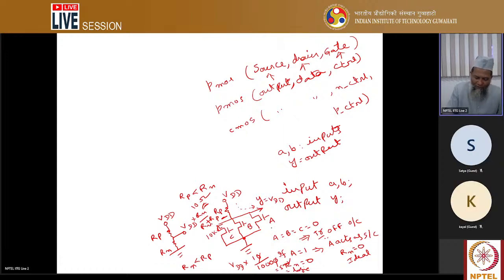If any one of the inputs is short circuited, A equals 1, this is a NOR operation, Y equals A plus B plus C whole bar. If any one input is 1, 1 plus anything is 1, so 1 bar should be 0. That is how it works. So Rn should be less than Rp. If you have given Rn greater than Rp, you can change that. Rn should be less, because whenever it is on, it acts as a short circuit, ideally 0 resistance. Practically there will be very small resistance.